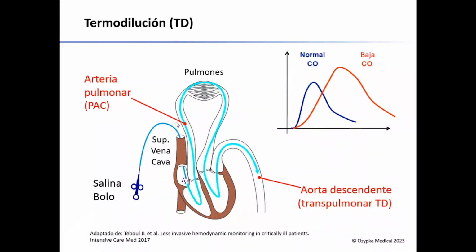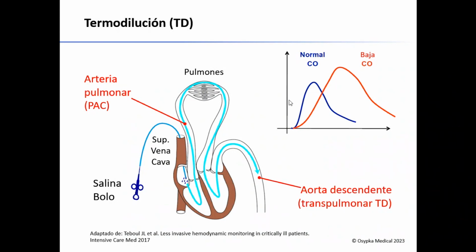And then a cold saline solution is injected, and a thermistor, sitting at the end of the catheter tip, is measuring how fast the blood is cooling down the temperature.